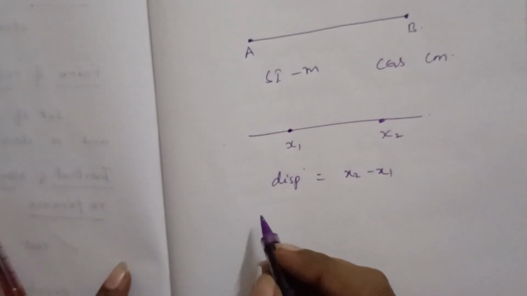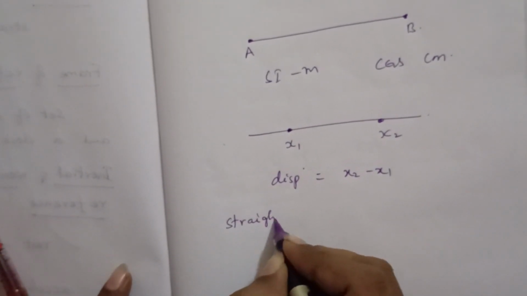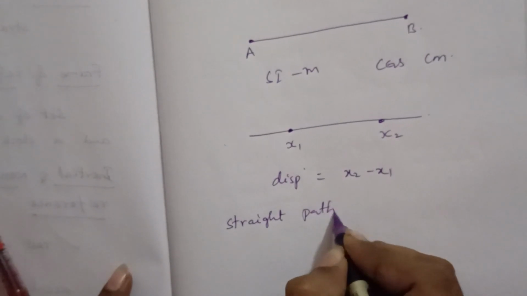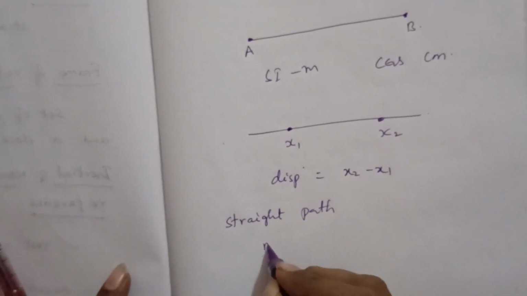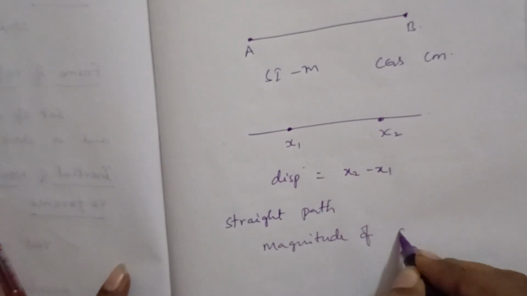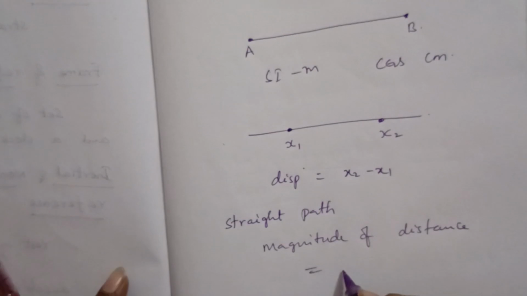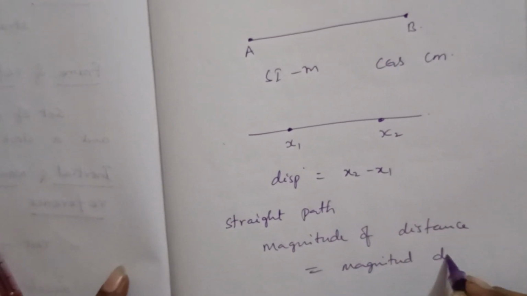Now here, when the body moves in a straight path, the magnitude of distance is equal to the magnitude of displacement.